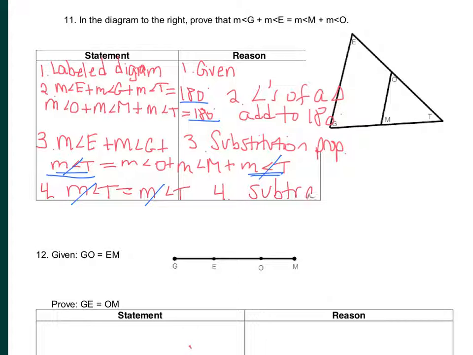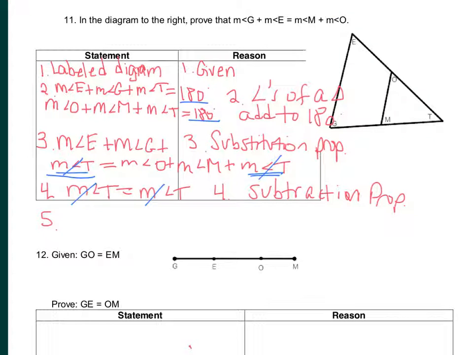Hopefully you're able to do this a little neater on your paper with more room. Step 5, we're there. We now have measure of angle E plus G, there, is equal to O plus M.